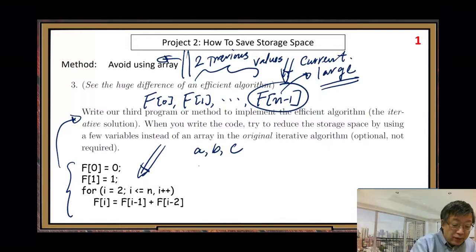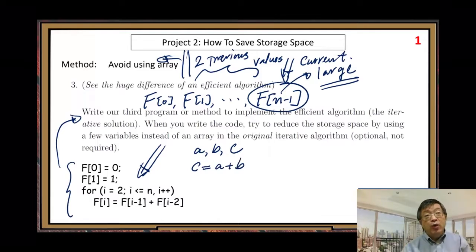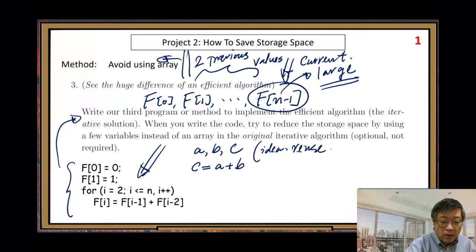What we are doing here is C equals A plus B. And we can reuse these variables. So the basic idea is to reuse these variables.